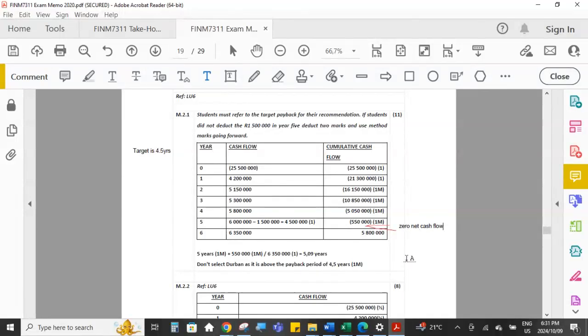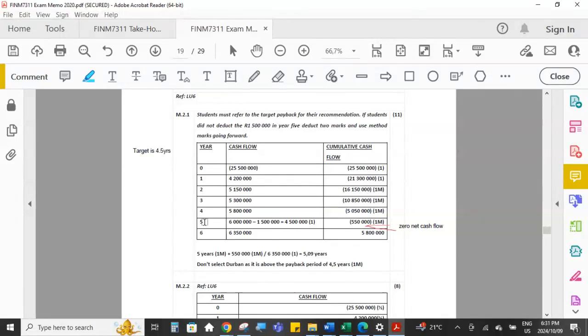And that point where cash flow turns to 0 is the break-even point that we're looking for in terms of payback period. We know that at the end of year 5, we were still negative. At the end of year 6, we were positive. So we want to know exactly how long it took to reach that 0 point.